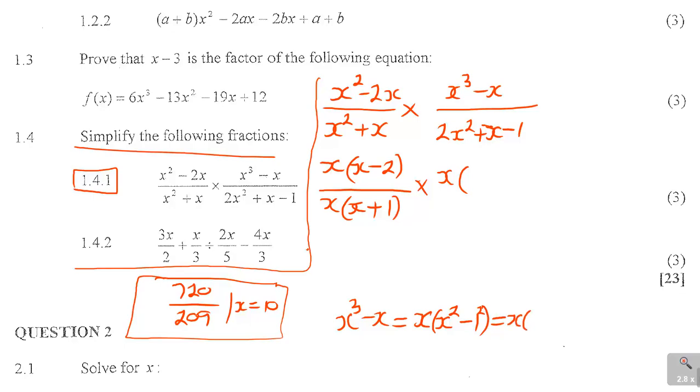So it will be x, and the difference of 2 squares is x minus 1 and x plus 1. So you see how it flows. So I'm going to write it here once as x minus 1 and x plus 1 all over. I didn't want to repeat that.